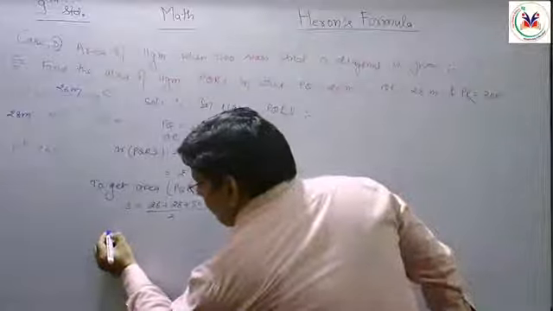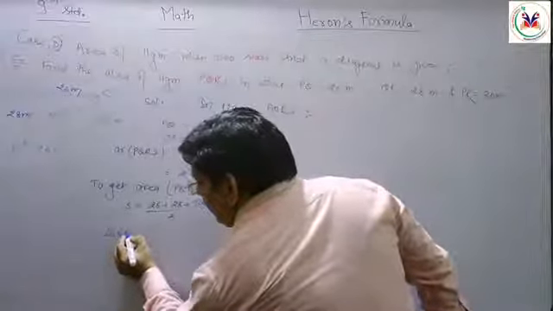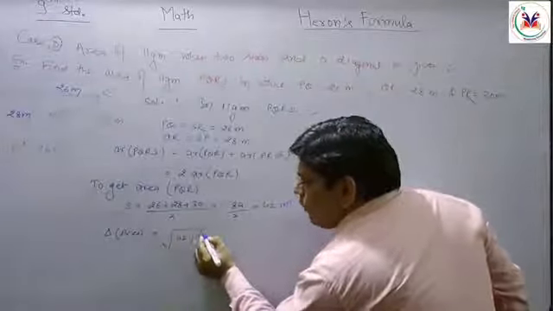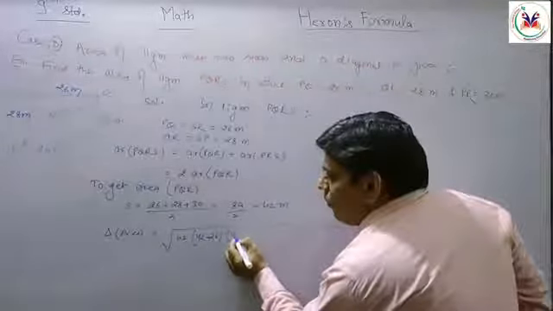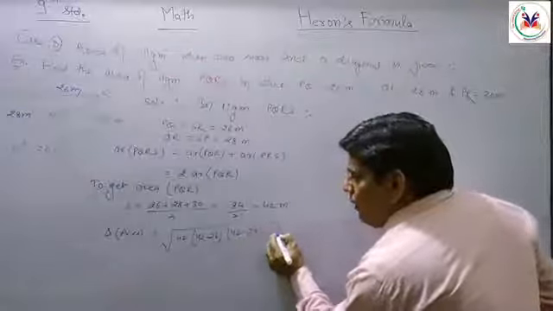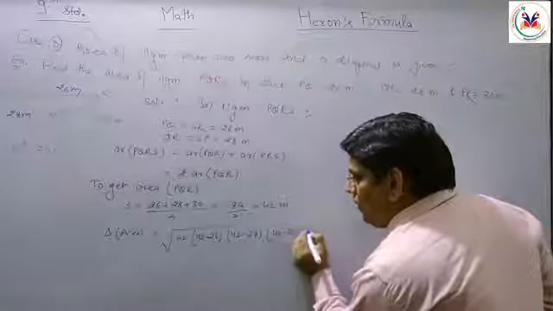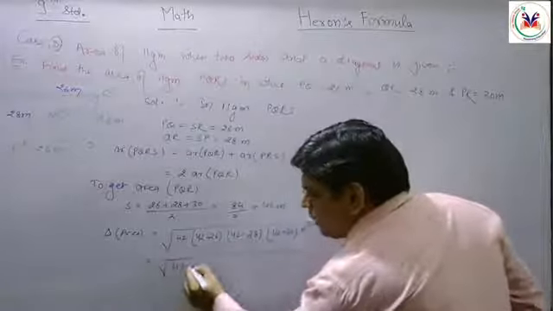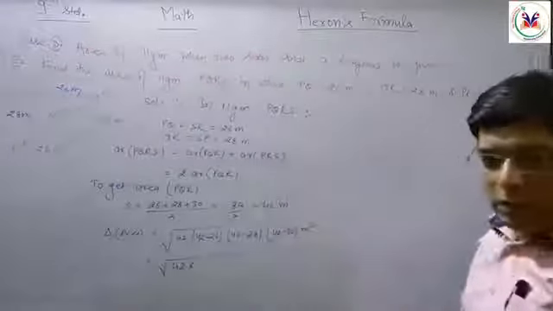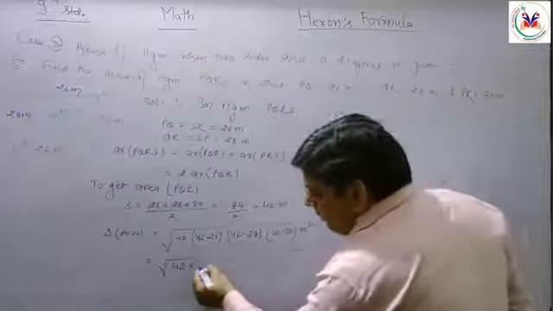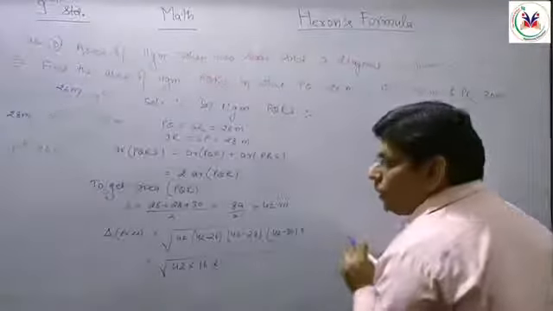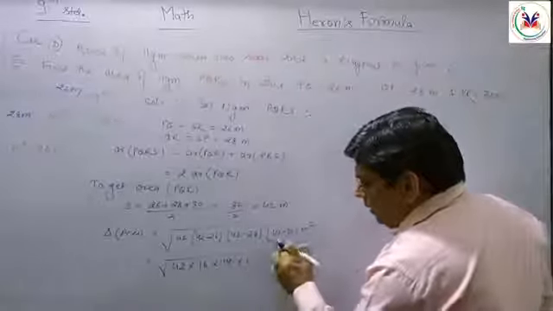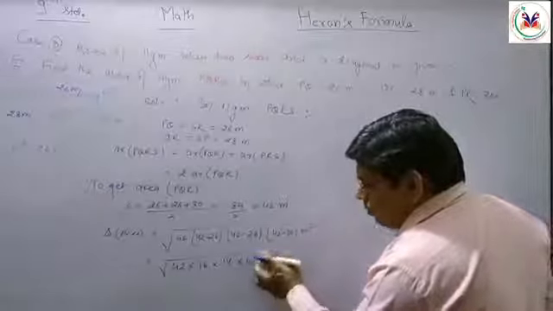Now delta, or area you can say, is root of 42 into 42 minus 26, 42 minus 28 and 42 minus 30 meter square. Now 42 will be as it is. 42 minus 26, that will be 16. 42 minus 28, that will be 14, and that will be 12 meter square.